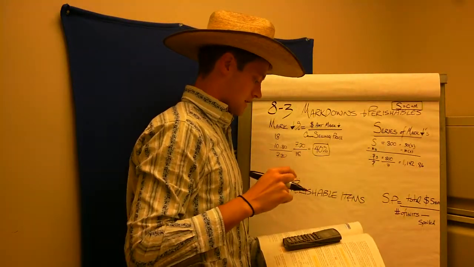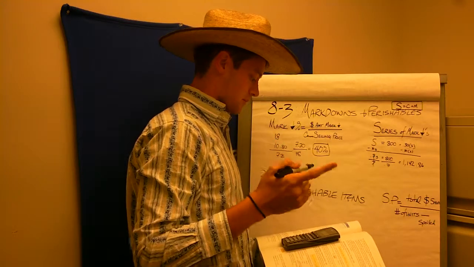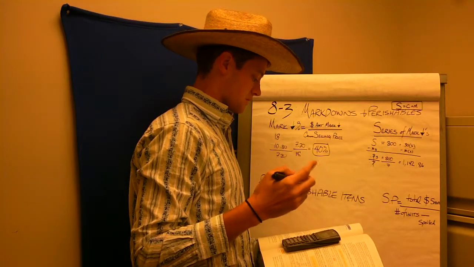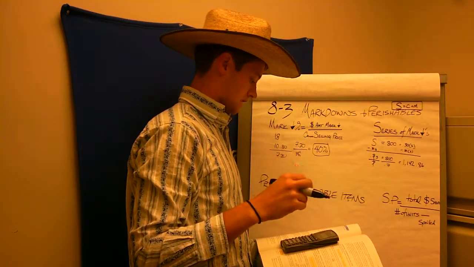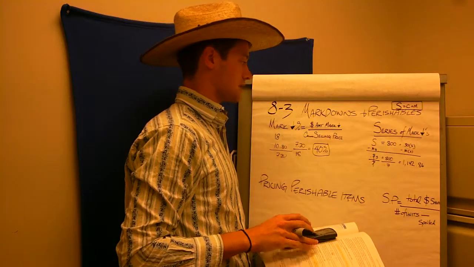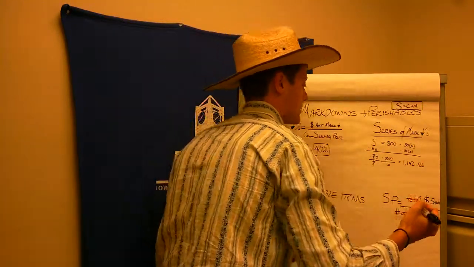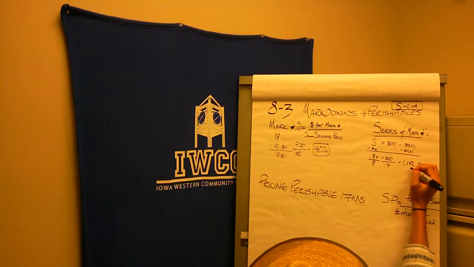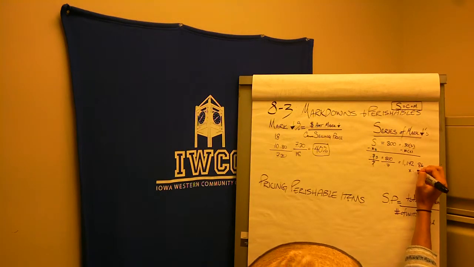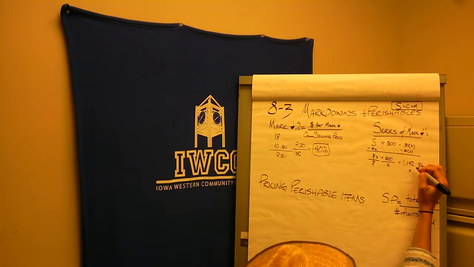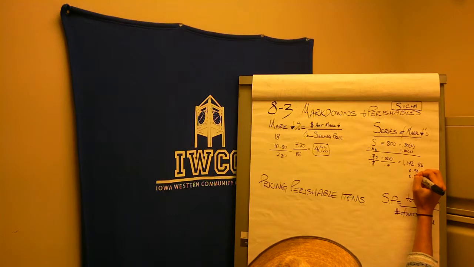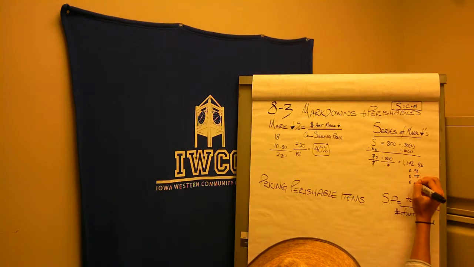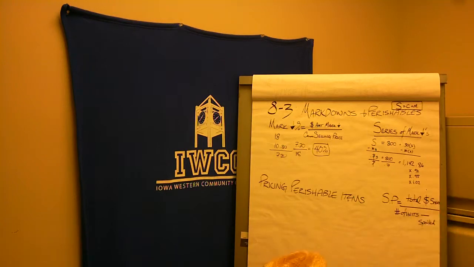It says that it marked down the stereo 10% for the first week because business was slow. Then it marked down an additional 5%, and then it marked it up 2%. So what is the new selling price of the stereo to the nearest cent? We take that amount and multiply it by what we're actually going to pay. They said 10%, so we multiply by 0.90, then multiply that number by 0.95, and then by 1.02 because it marked up 2%.